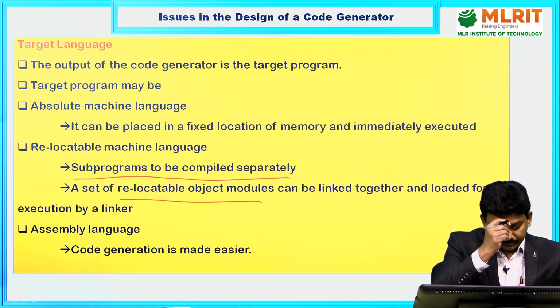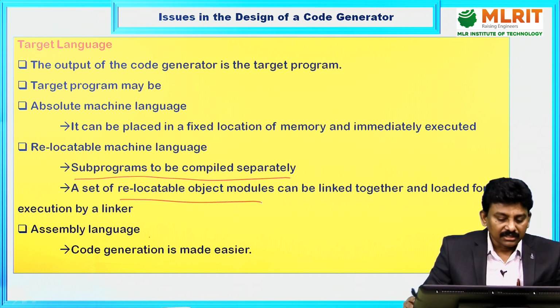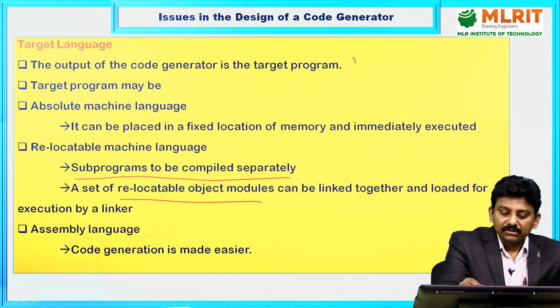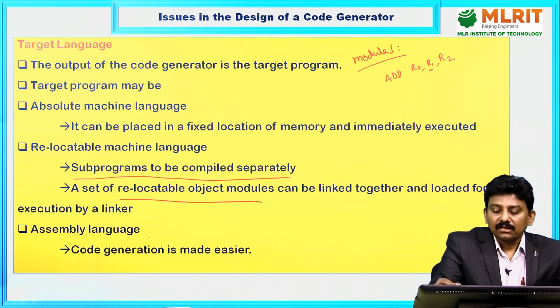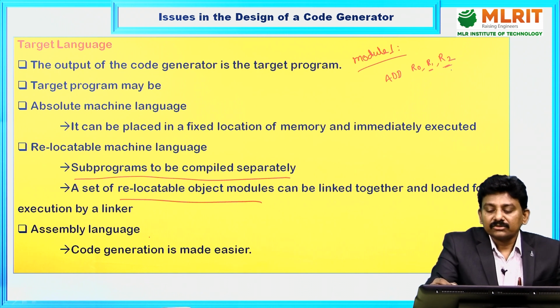For example, in relocatable machine language, we have 2 modules in the program. Module 1 has the instruction ADD R0, R1, R2. Here the content of R1 is added to R2, and the result is stored in R0.